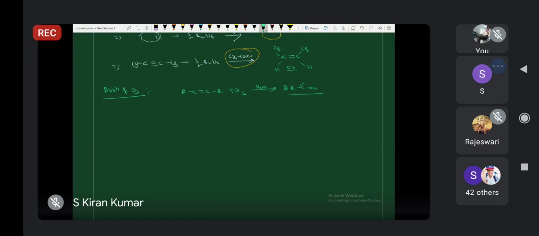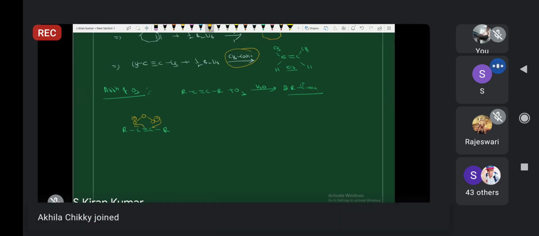How does this reaction take place? What is the mechanism? When it reacts with ozone, the mechanism is similar to what was already explained for alkenes. One oxygen has a negative charge, another oxygen has a positive charge. Now the electrons of the triple bond transfer towards this one, and like this cyclization takes place.